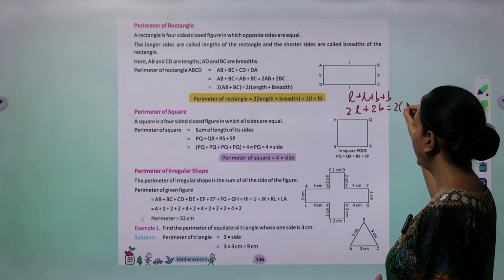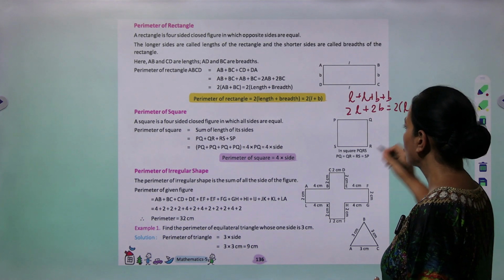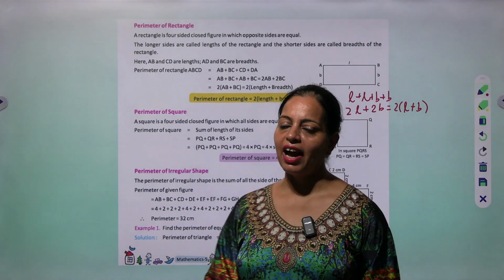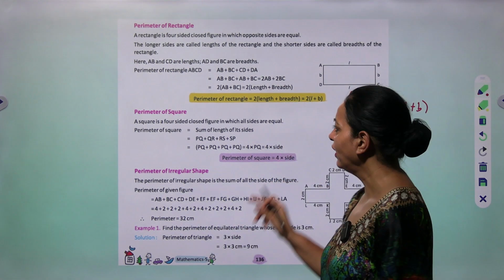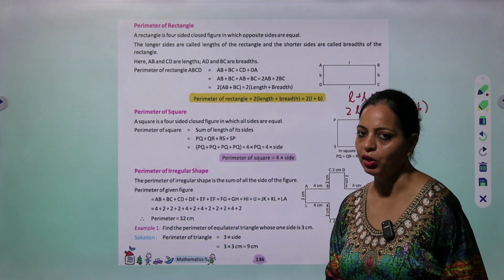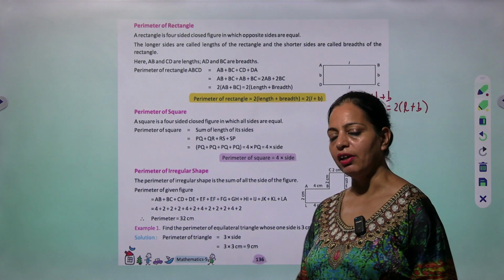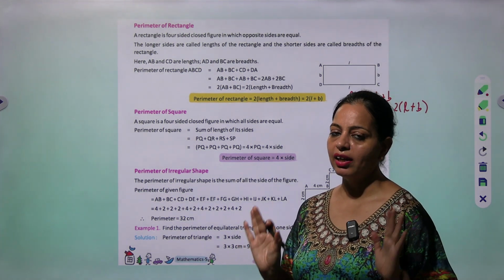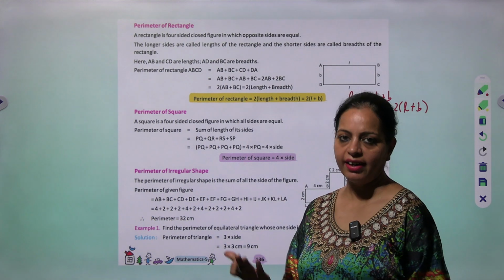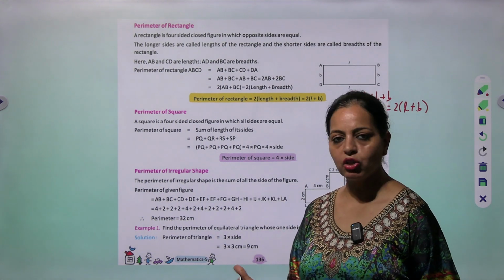So 2 common, L plus B. So what is the perimeter of a rectangle? That is 2 into length plus breadth, equals 2 into (L plus B), right? You have to learn this formula. Understand it? Okay, you will learn it on your own.